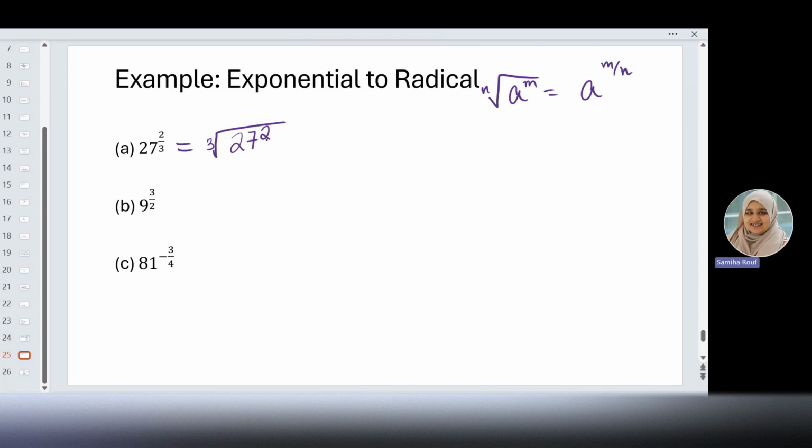However, if you want, you could also put the square on the outside of the radical. So what I mean by that, this is equivalent to this. In some cases, it may make sense to do the radical first and the exponent later.